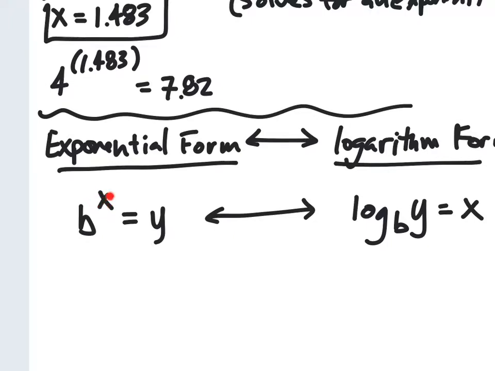I'm isolating my exponent, but I'm taking the log of base b. This little number here, when I say base b, remember over here, this is your base, this is your exponent. So log base b of y, and y is the result of raising b to the power of x, and that gives you x.